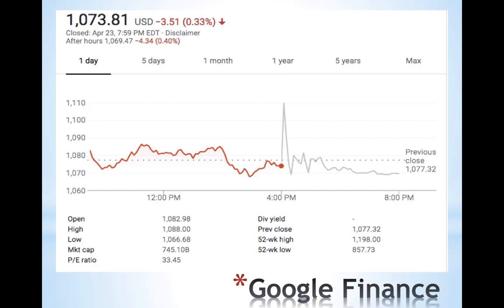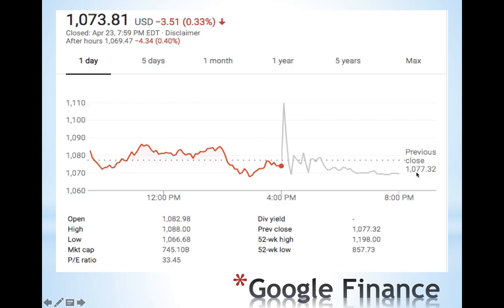This P/E ratio compared to something like Amazon is much, much less. But ultimately, seeing the P/E ratio here doesn't really help us. It only would help us if we're going to look at it from another company's perspective as well. Now you can also see a couple of other things. This is showing just one day, and you can see how it changes over the course of the day.